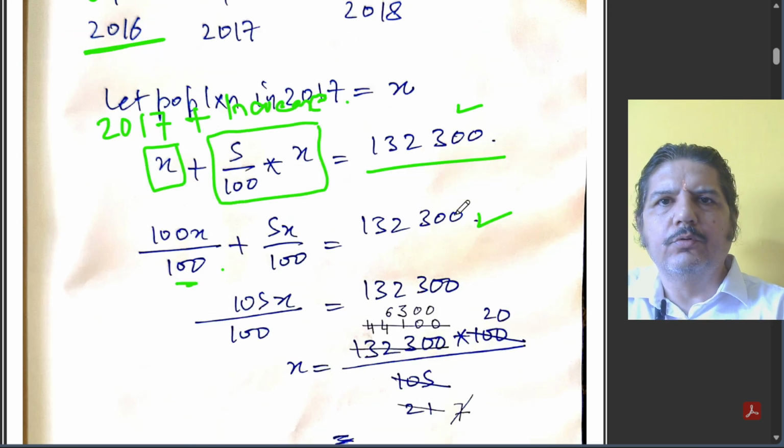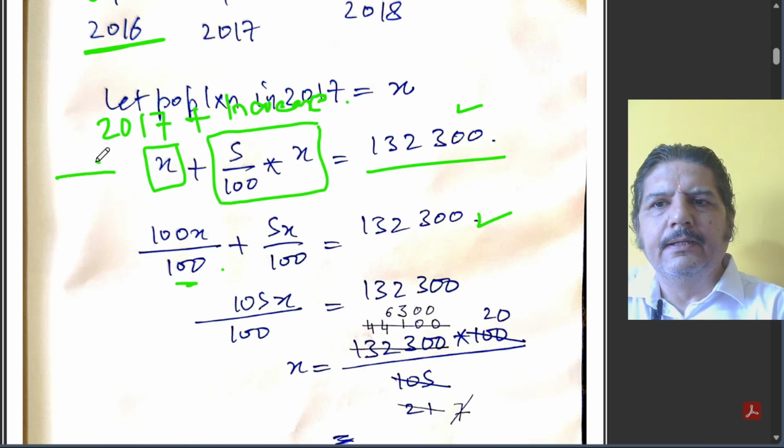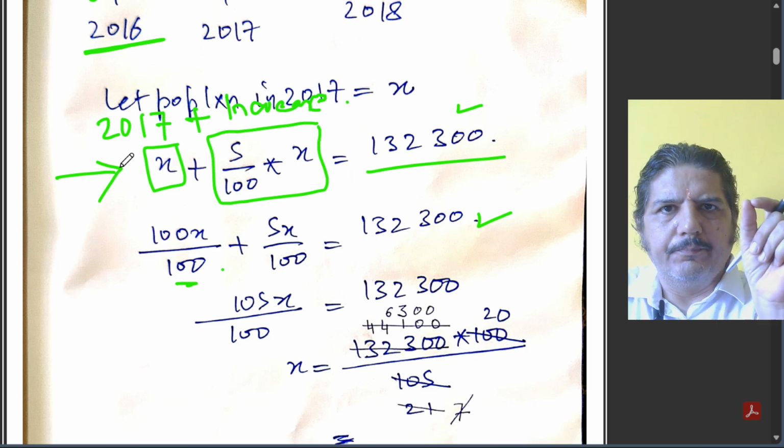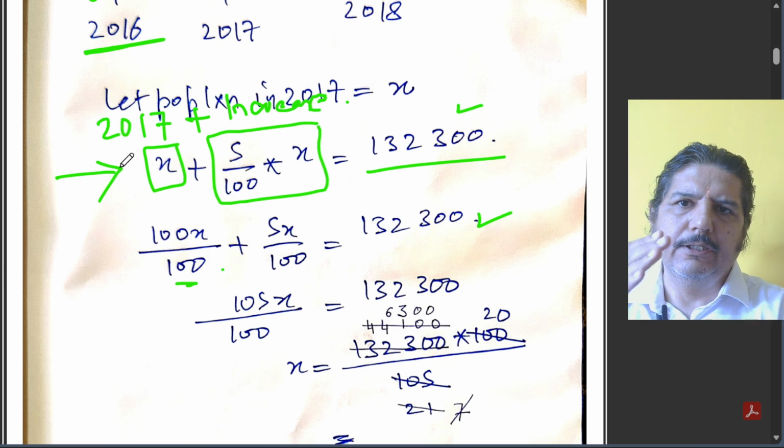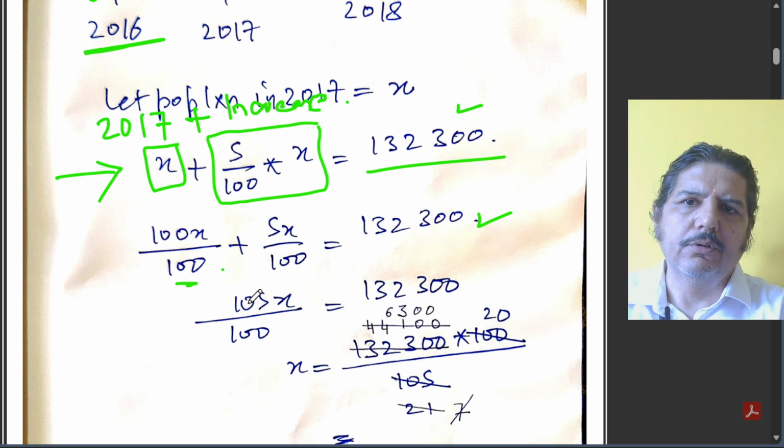As I told you before, adding these kind of algebraic terms is a skill that you will have to develop.